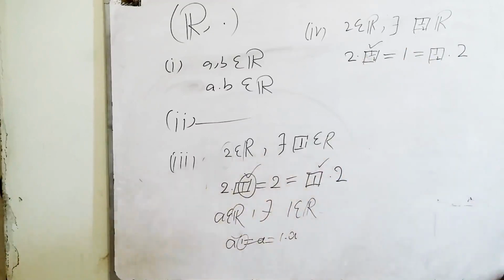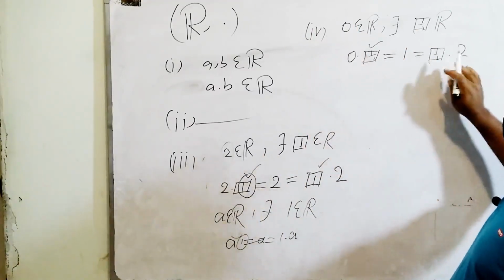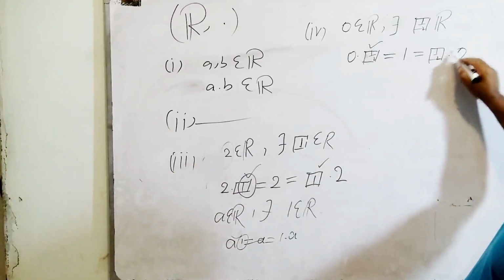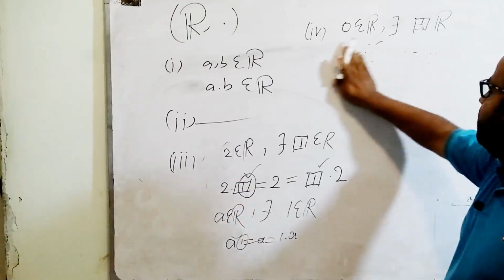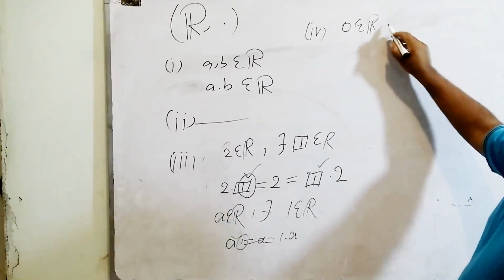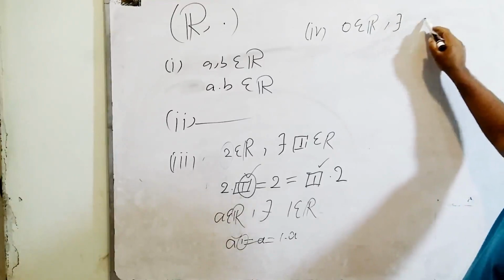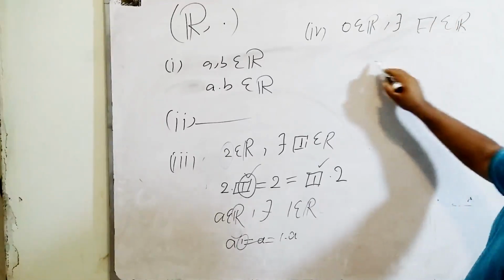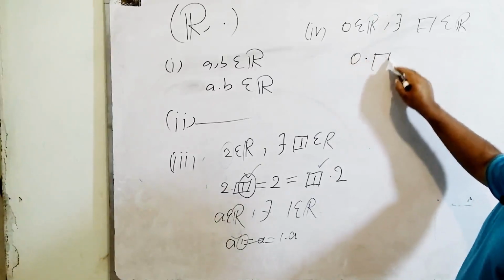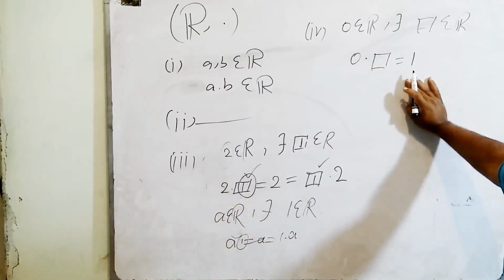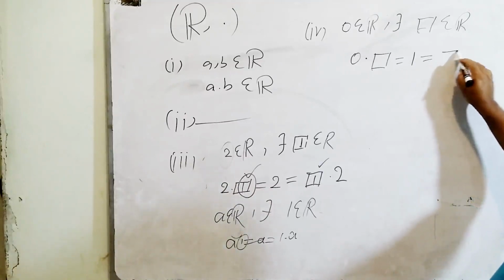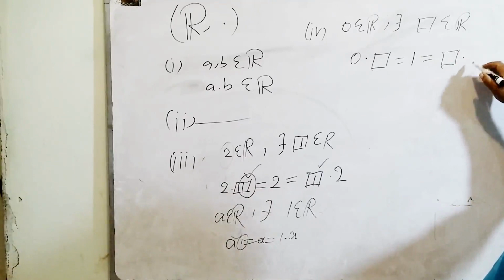But suppose I take 0. 0 is a real number, so there must exist a real number belonging to R such that 0 multiplied by that real number gives 1, because the multiplicative inverse should give 1. But 0 times any real number is 0.